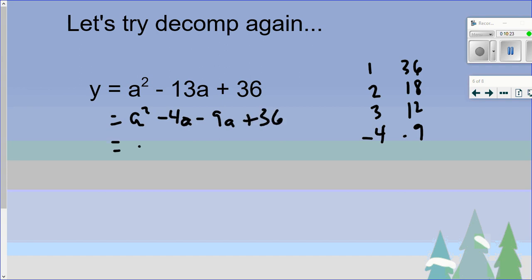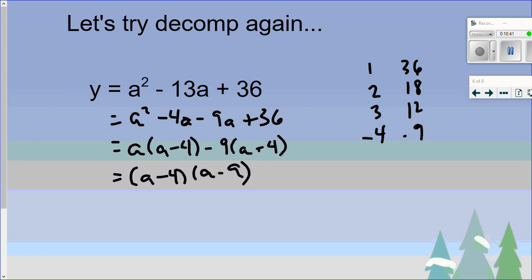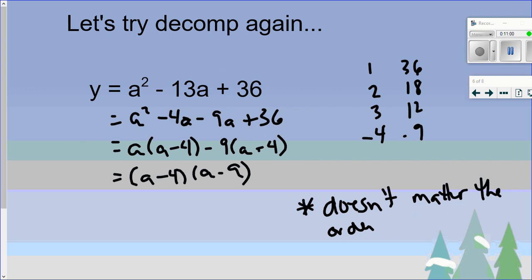Factor by grouping. It doesn't matter the order of the values.